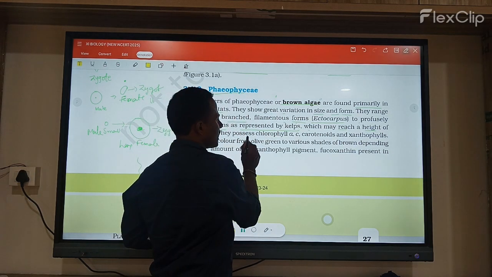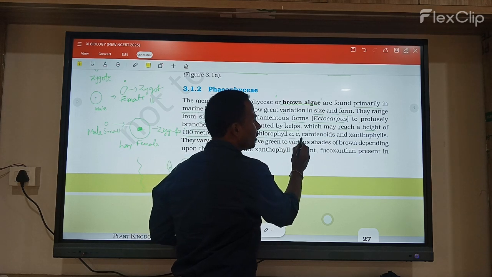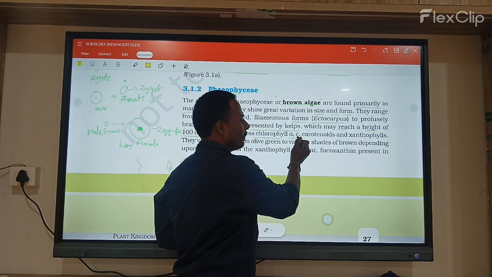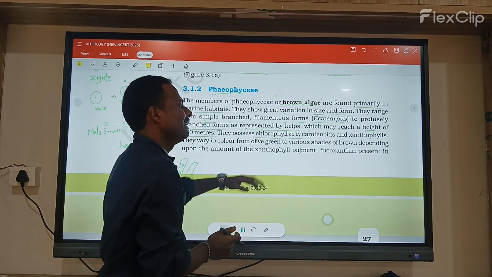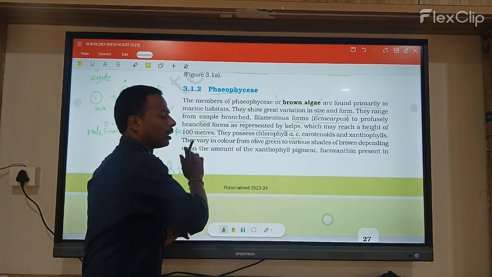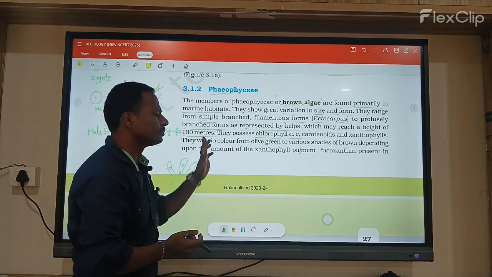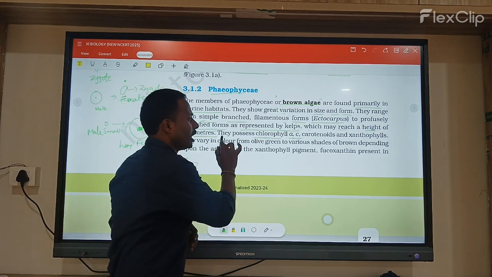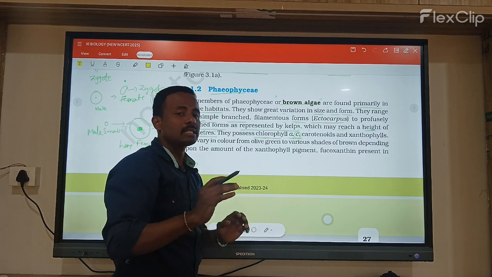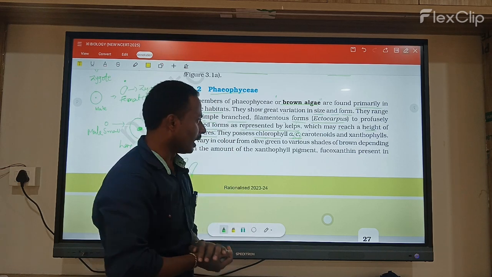They possess chlorophyll A and chlorophyll C pigments.